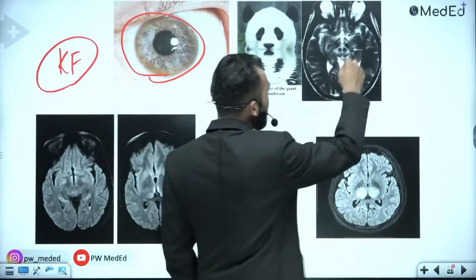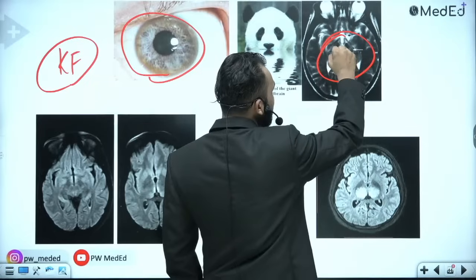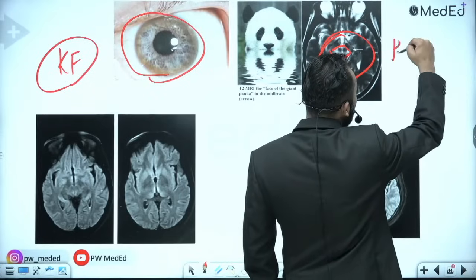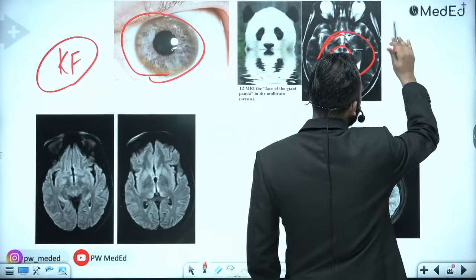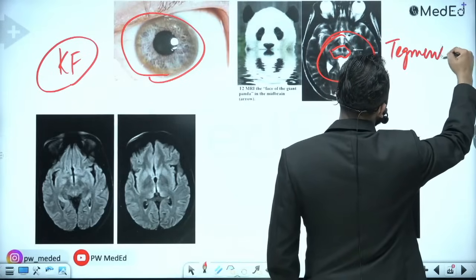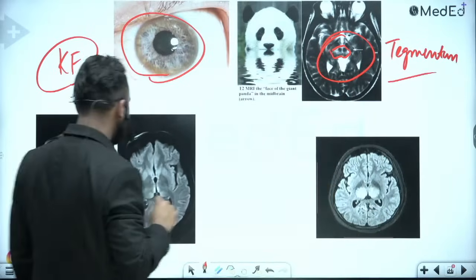And within the midbrain, you are going to see the face of giant panda sign, in which there is hyperintensity involving the tegmentum of midbrain, sparing your red nucleus, giving the face of giant panda sign.